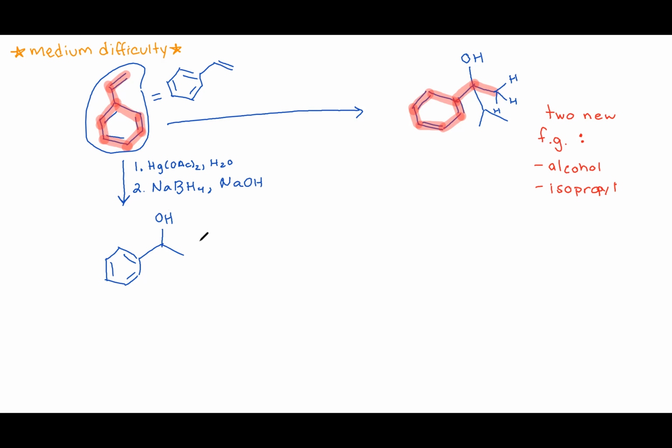So now we have to get thinking. We want to form a new carbon-carbon bond. If we look at our products, we see we have this carbon-carbon bond right here that does not exist in the reactants. So now let's think, what reactions allow us to form a new carbon-carbon bond?